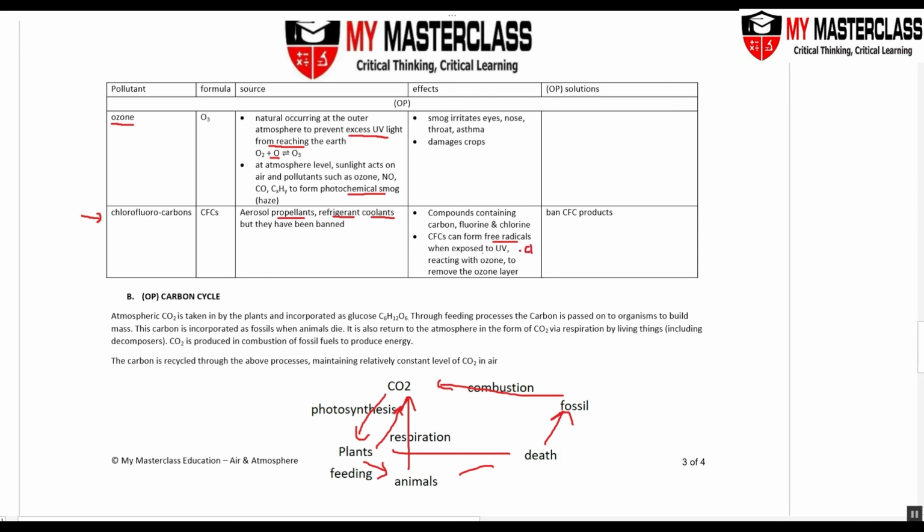Okay, and then when it is exposed to UV, this will react with the ozone and remove this ozone layer. So your ozone layer prevents excessive sunlight from reaching the Earth. If there's no ozone, then we will have what we call scorched Earth. The Earth will be too hot for even human beings to survive. Okay, these are all the pollutants that we are going to look at.